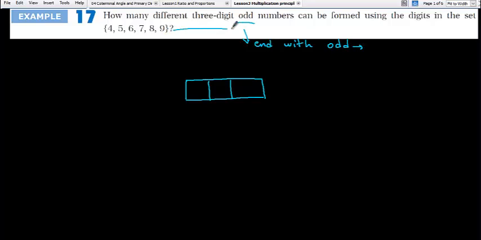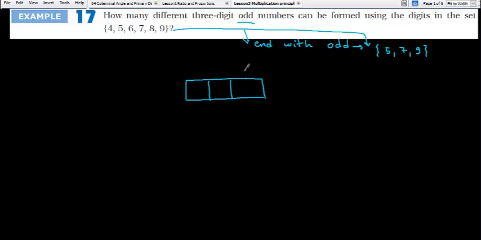From this set, these numbers should end with 5, 7 or 9.